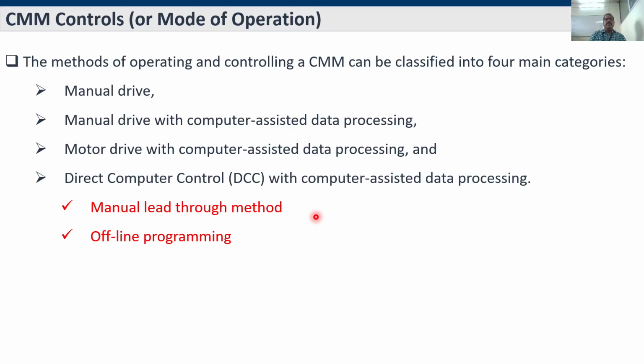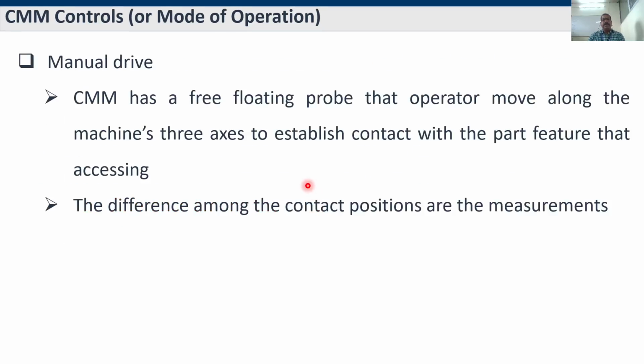So what we studied is the manual drive. CMM has a free floating probe. As I said, at the end of your manual joints, instead of a gripper, you can add the probe also. The CMM operator will hold the end of the links, and when he moves, it will be freely floating. You can move with multiple axes, three axes are also possible.